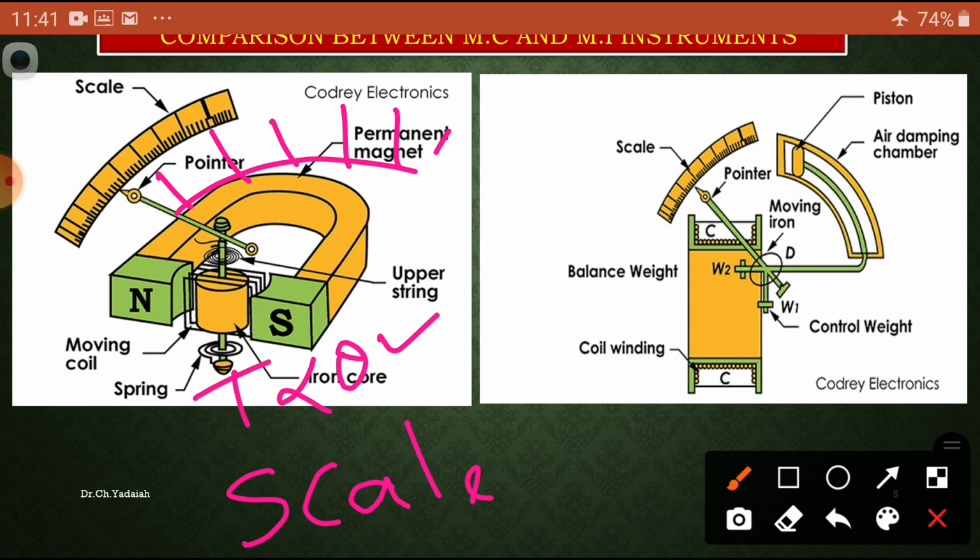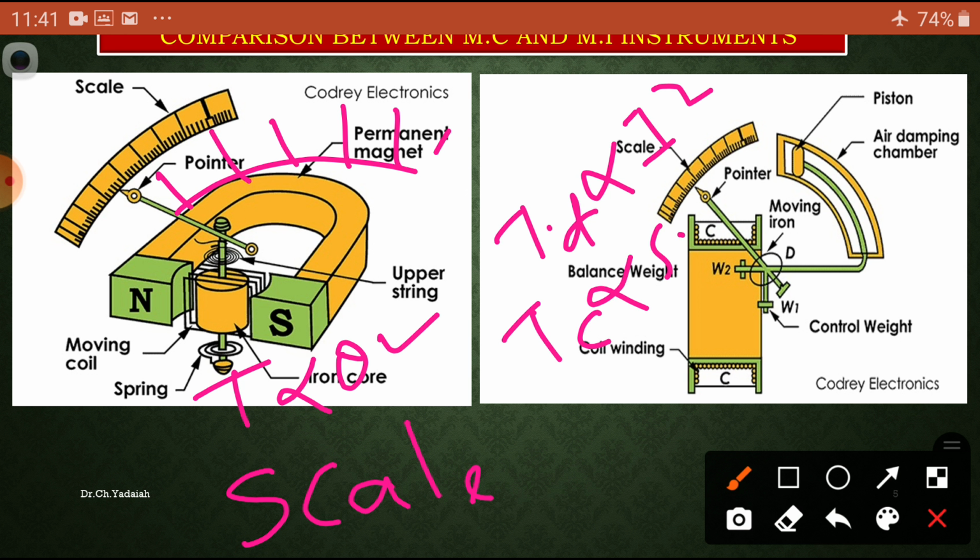Whereas here, the deflecting torque is proportional to the square of the current, which is non-linear, and T_C is proportional to sin theta. So the scale is not uniform.